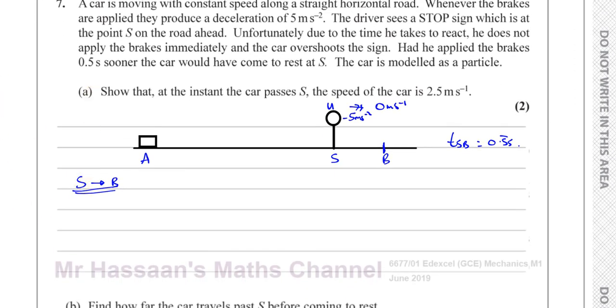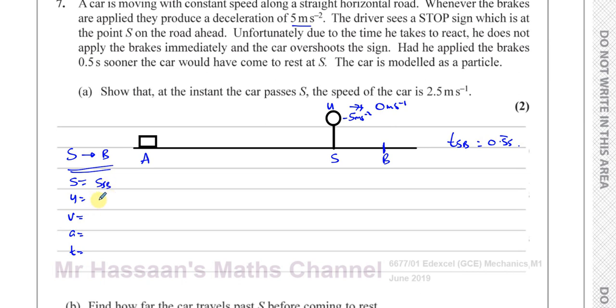So if we consider between S and B and see what we have in terms of SUVAT, I always like to write down SUVAT when we have these constant acceleration questions. We can use SUVAT because we have constant acceleration here, which is a deceleration. S is the distance between S and B, which we don't know.